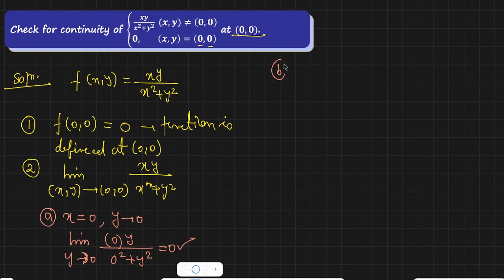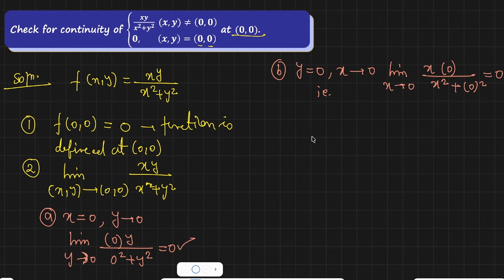Okay, then next path, y equals 0 and x tending to 0. It means limit x tending to 0, x as it is, y value is 0, over x square plus 0 square, this is also 0. It is not sufficient to say that my limit exists. Now I have to use the third path, that is y equals mx.